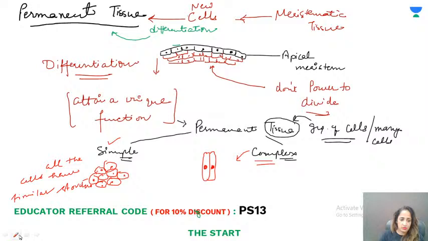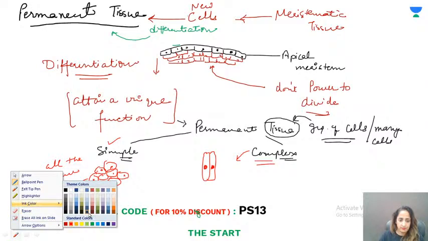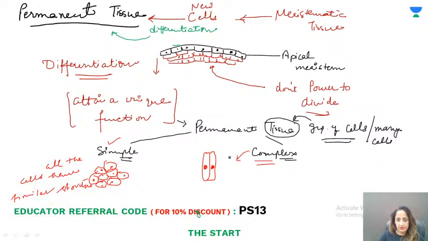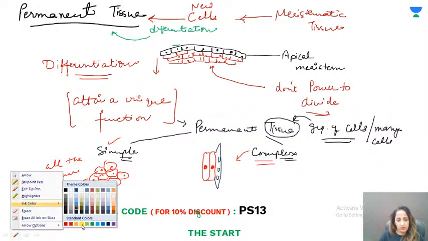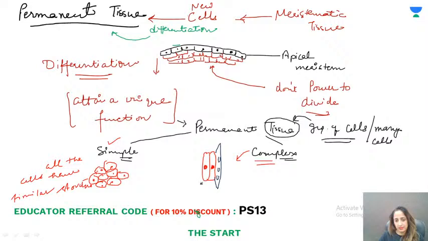Some cells are going to be spindle formed. Some cells are going to be in the form of plates.